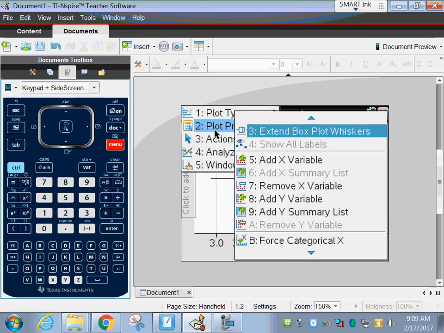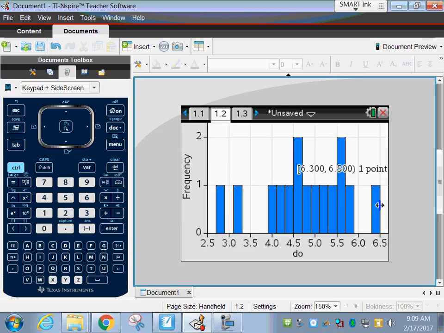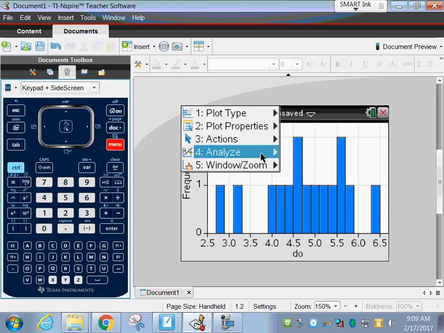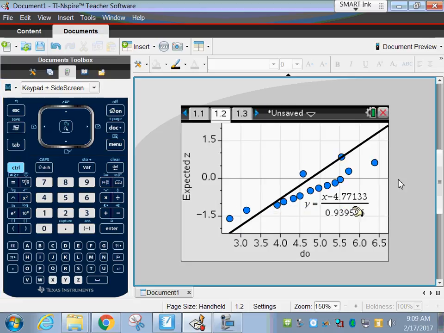I'd say that one's actually pretty normal. Histogram. And probably the best one that I think is easiest to read, because that's pretty linear. Normal graph.